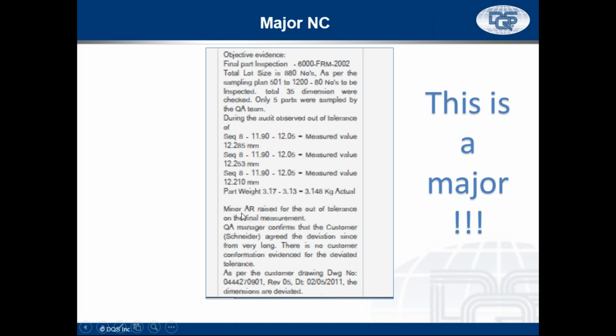Then he goes on to say, and it was a he, minor AR raised for out of tolerance on final measurement. QA manager confirms that the customer, Schneider, agreed to deviation for a long time. There's no customer confirmation evidence for the deviated tolerance. So basically, he's telling us that there's no customer approval, but he made it a minor anyway.